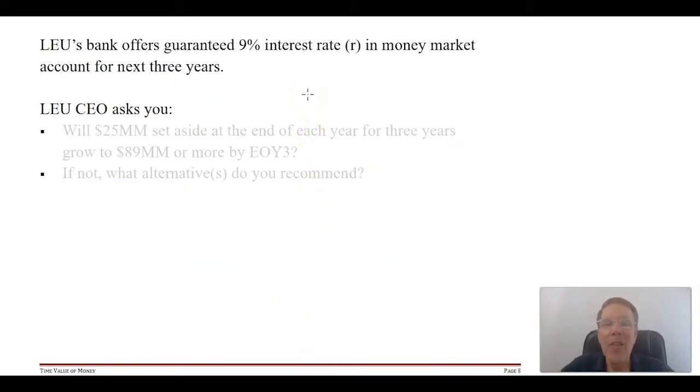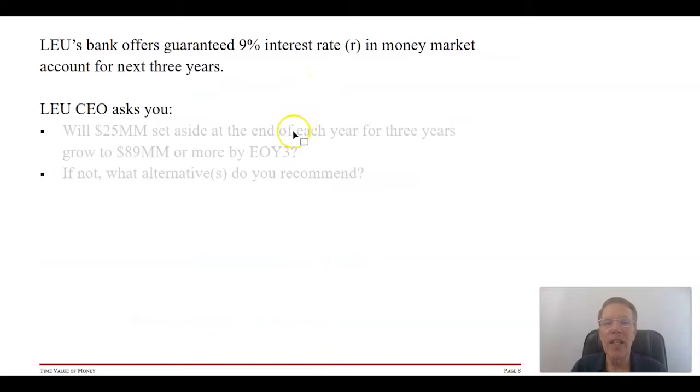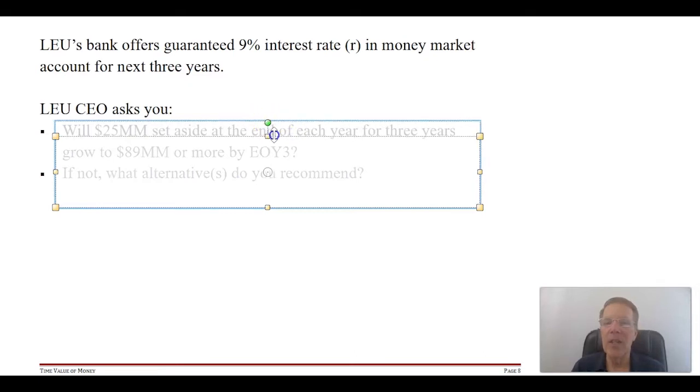Okay, so at the time, LEU's bank had an offering for them of a guaranteed 9% interest rate in money market accounts for the next 3 years. So that's the situation. They have entered into this forward contract with the TVA, and they want to put some money aside to make sure it grows into enough to pay the TVA in 3 years.